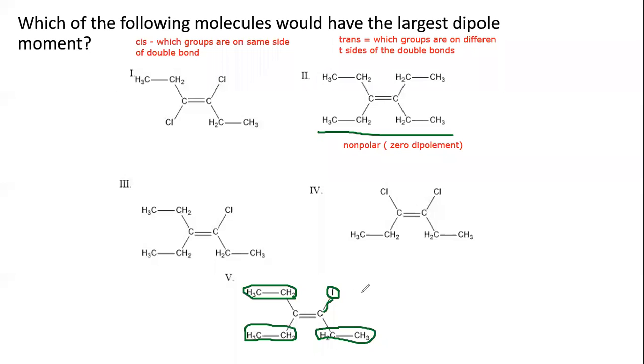In the previous session, we actually looked at this bond. And the electronegativity difference between a carbon-iodine bond is 0. So this is also a nonpolar bond. So since this contains all nonpolar bonds, this is also a nonpolar molecule. So it has a 0 dipole moment.